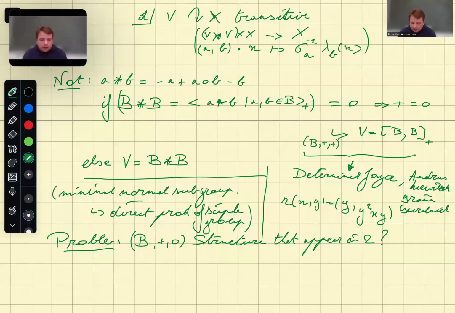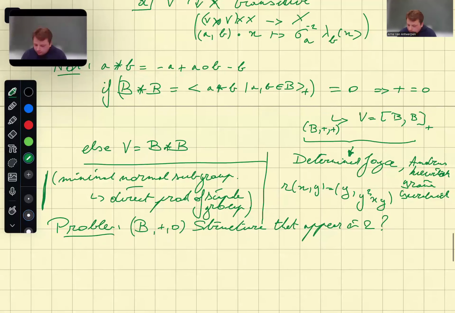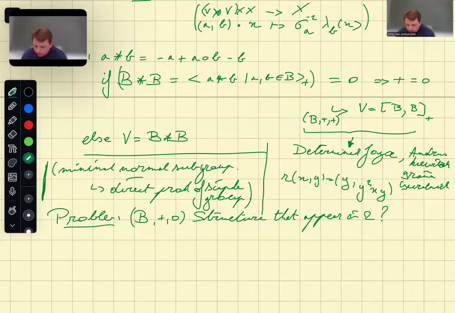But on the other hand, we also have an example where you're exactly not in this case, where this minimal normal subgroup is not a direct product of simple groups. So that makes stuff hard. And that is indeed the thing you would aim at, a classification that looks a bit like the classification of Andruszkiewicz, Guralnik.